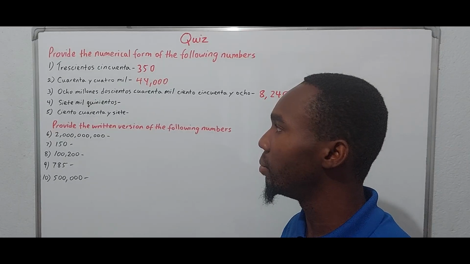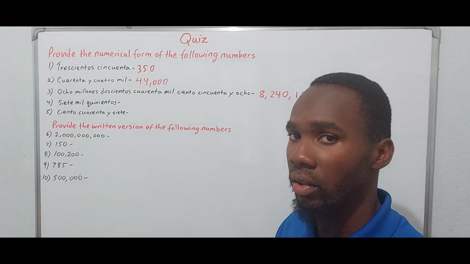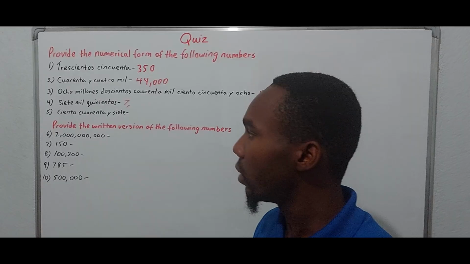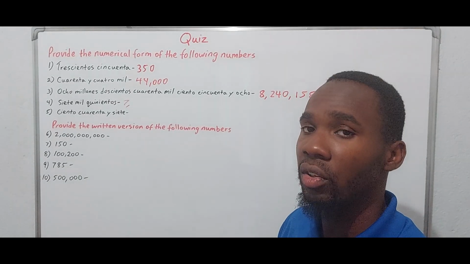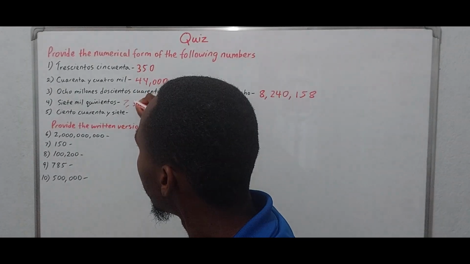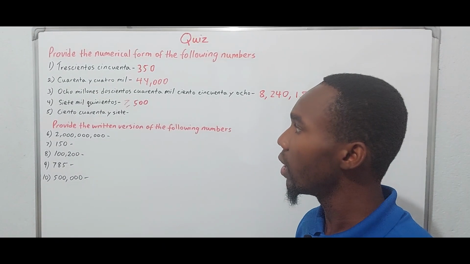4. Siete mil quinientos. Siete mil, so 7,000. Quinientos, that is 500. Muy bien. And 5.